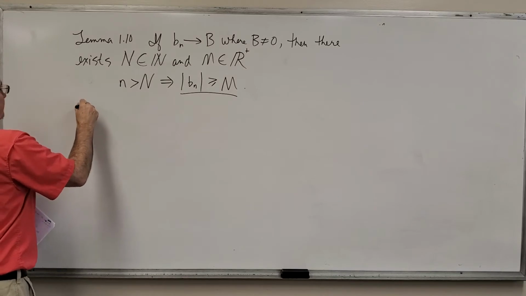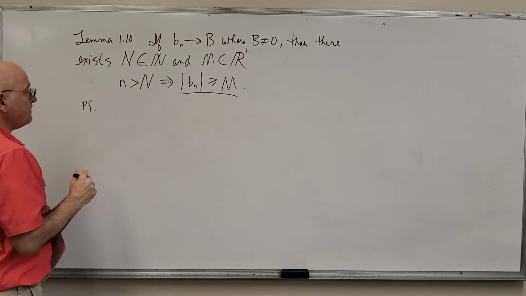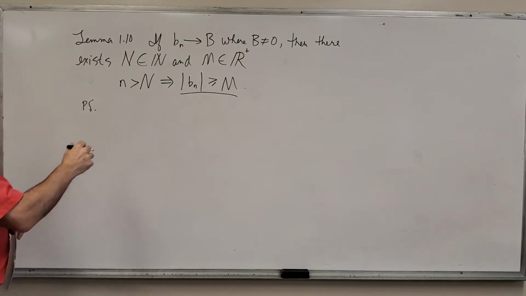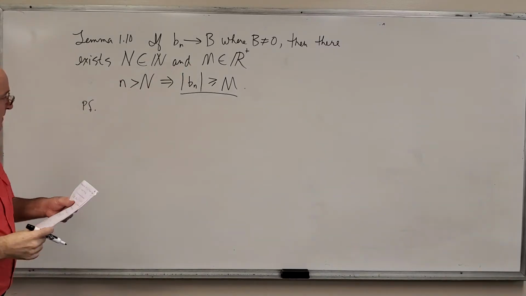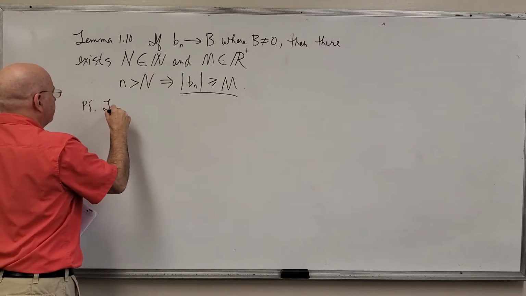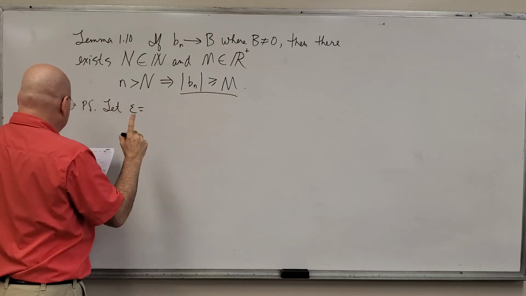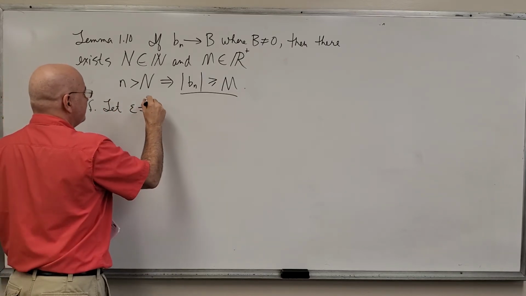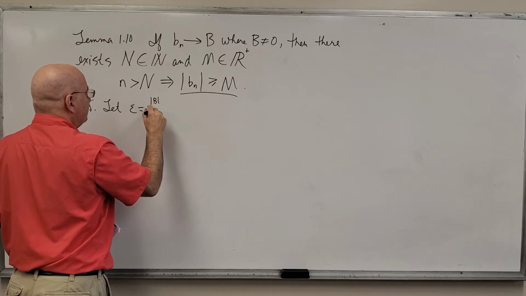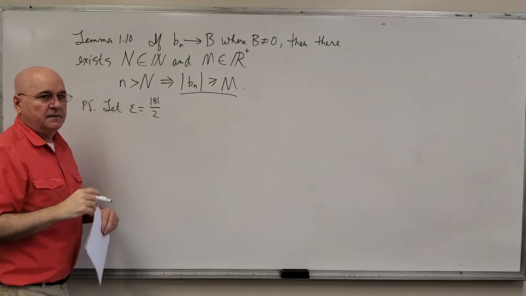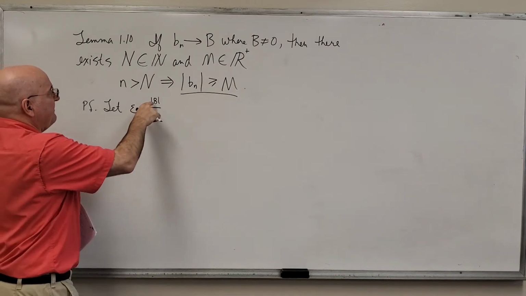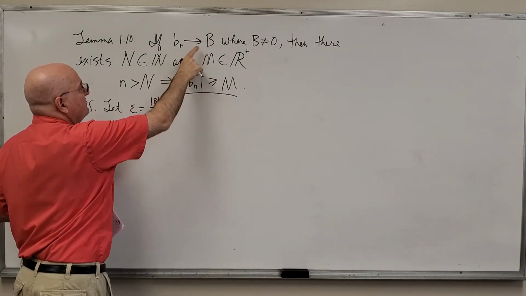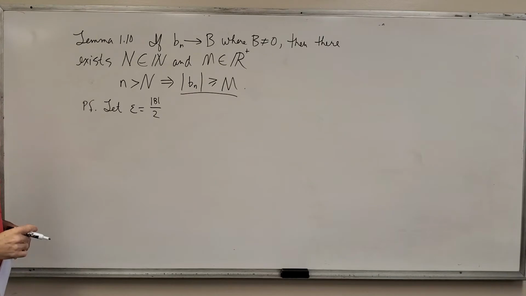All right, proof. I just have to show that this N and m exist. So let's let epsilon be precisely the halfway point between 0 and the limit, half of it. So the absolute value of b over 2.